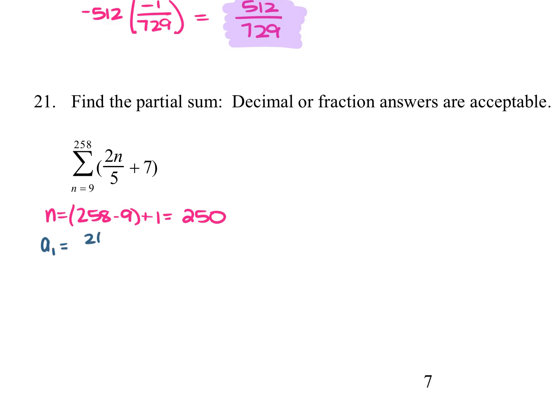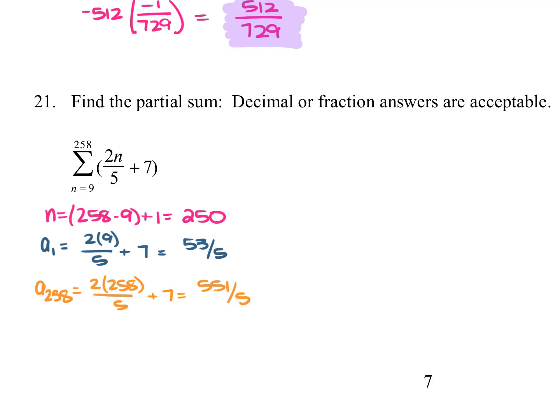So that's 2 times 9 over 5 plus 7, which is 53 over 5. And then we're going to find our 258th term. So 2 times 258 over 5 plus 7 is going to be 551 over 5.